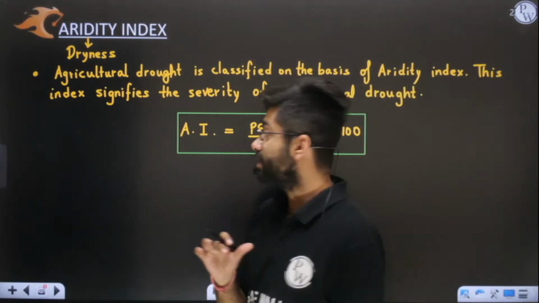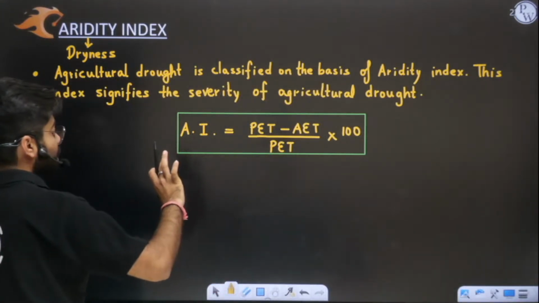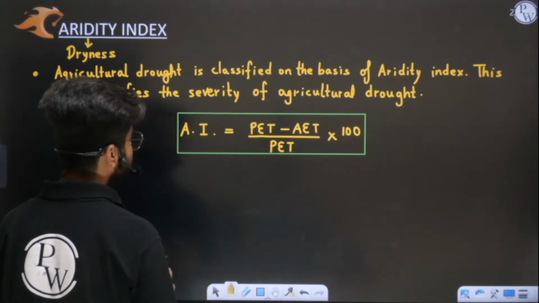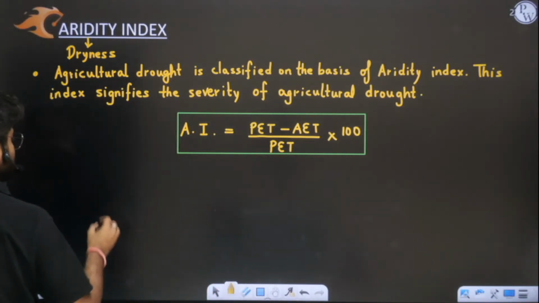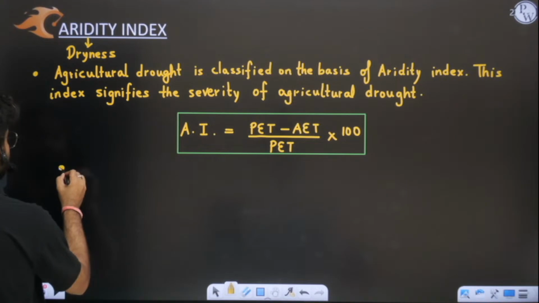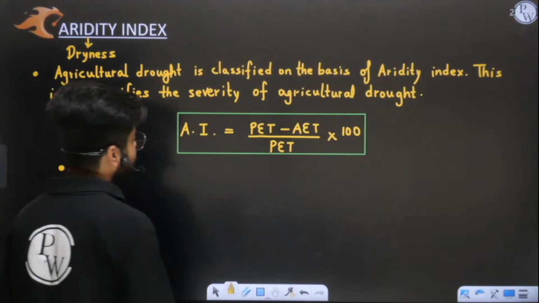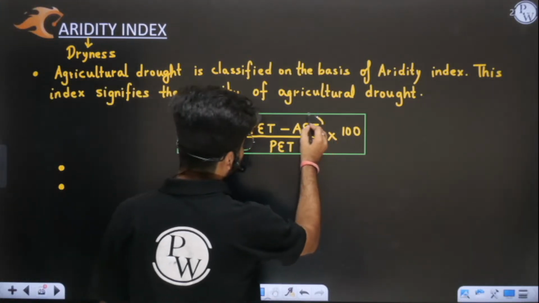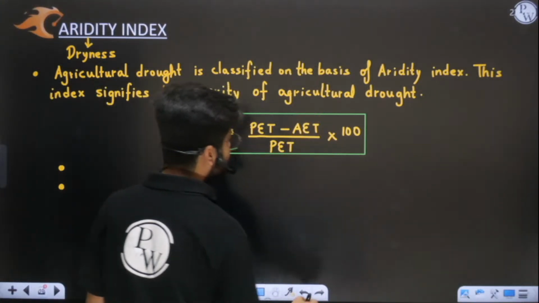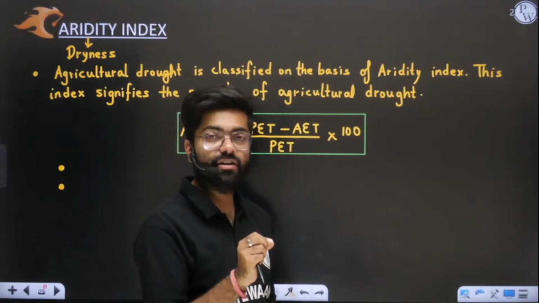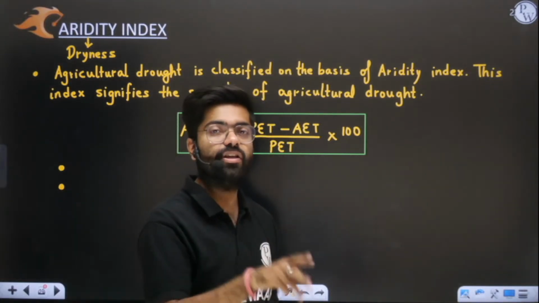Now, what is the aridity index exactly? We can understand this with the help of an example. Let us assume two extreme cases. Actual evapotranspiration depends on how much moisture or water is present in the soil.